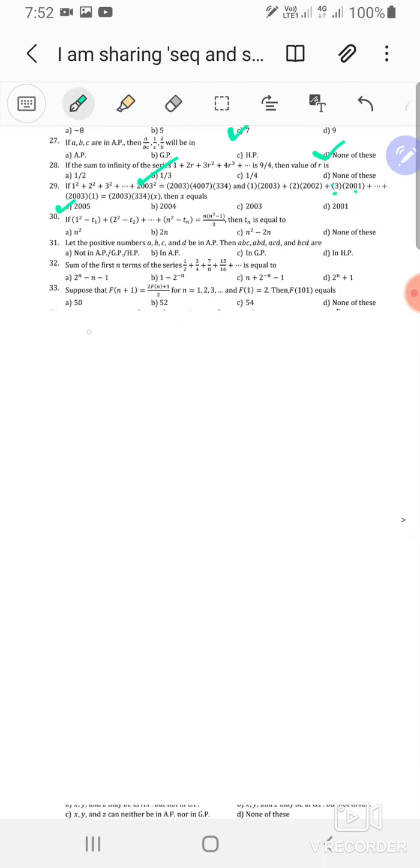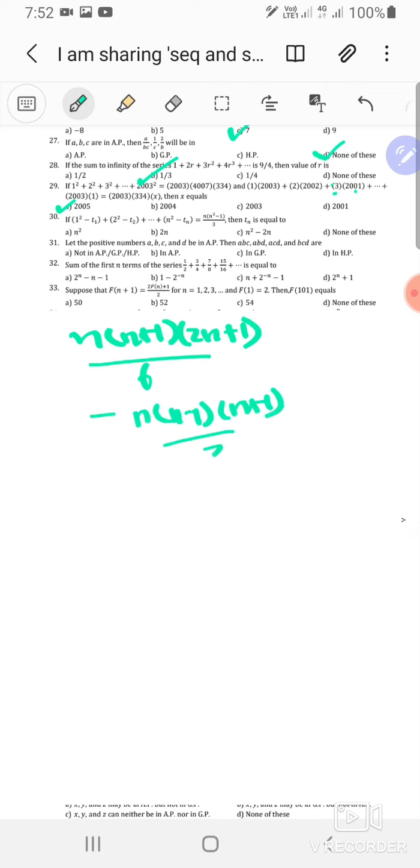So what did we just do? I think n(n + 1)(2n + 1)/6 minus n(n − 1)(n + 1)/3 has to be equal to the summation of Ti from i equals 1 to n.